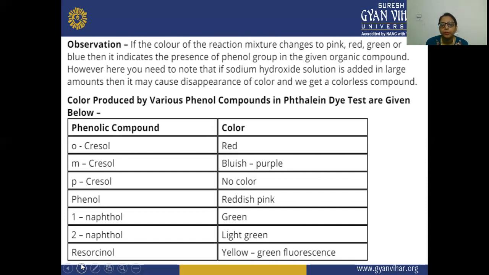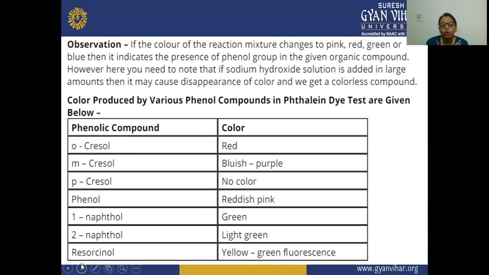The colors produced by various phenolic compounds in the ethylene dye test are given below. Here you can see the phenolic compound and the color change, which shows which phenolic compound it is. O-cresol means orthocresol: if red color comes, it is orthocresol. If bluish or purple color comes, it is metacresol.